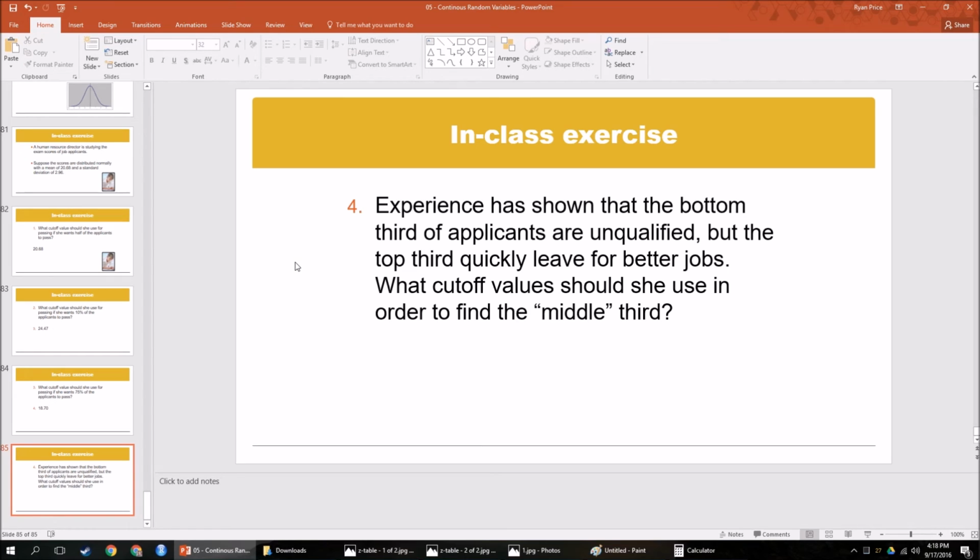Experience has shown the bottom third of applicants are unqualified, but the top third quickly leave for better jobs. So basically, there's 33% of applicants, 1/3, that will score low enough on the exam that we give to fail. They don't deserve to work at the company, whatever. They go on to find something else. All right?